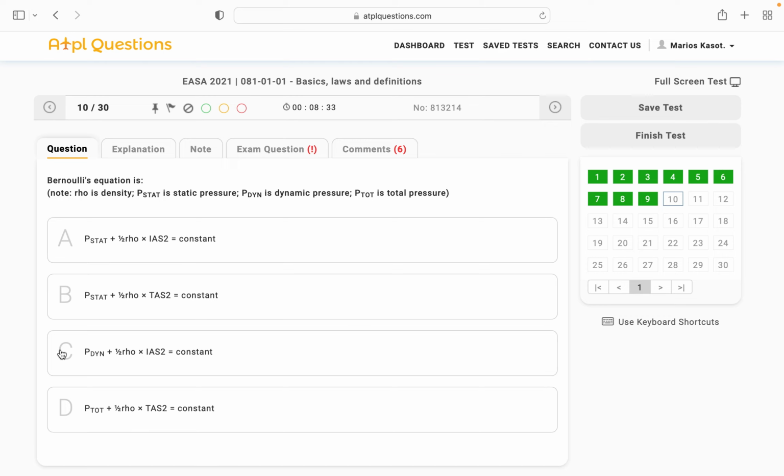C, A, D, and R are obviously wrong, so we must focus here. The correct answer is the answer that contains true airspeed, not indicated airspeed, because the indicated speed changes. But in the equation we need the true airspeed, which is this.